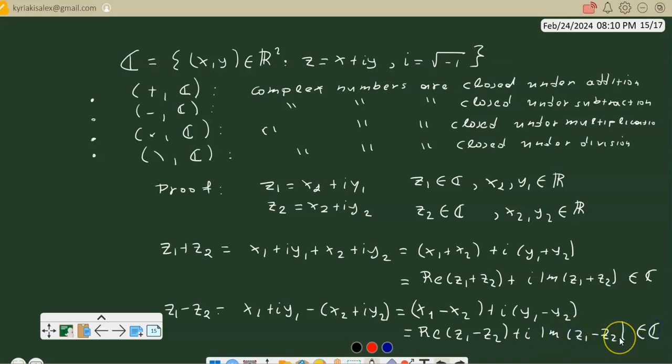So when we subtract two complex numbers, what we get back is a complex number. So here, closed under addition. Closed under subtraction.